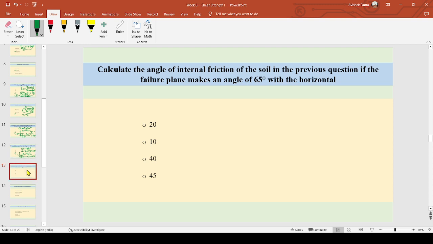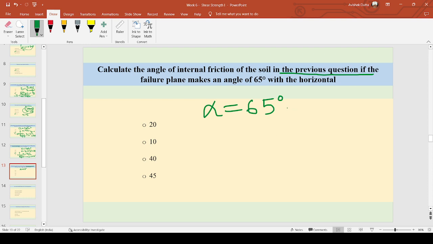This question is totally separate. It can be interpreted like this: what is the value of the internal friction angle when the failure plane makes an angle of 65 degrees with the horizontal? So the alpha value, the angle of the failure plane with the horizontal, is 65 degrees.